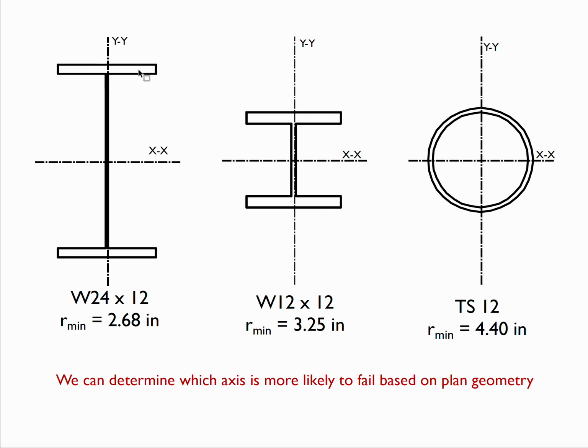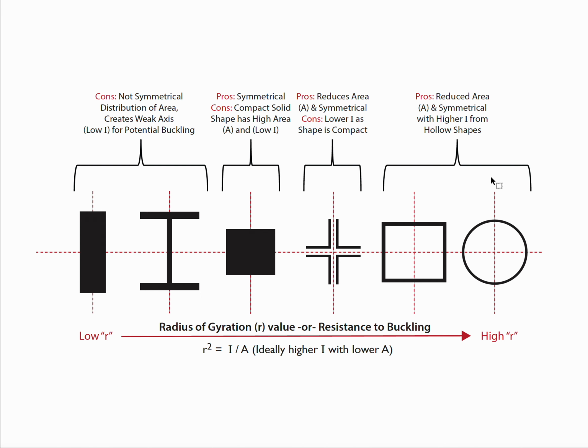This one has its weight too far out on either side of that, which leaves it resistant to buckling in that orientation. This one, of course, is closer, more stout, has its material a little bit closer, but it's still resistant to buckling on that side, where the circular column has it equally distributed everywhere else and therefore is the highest resistance.